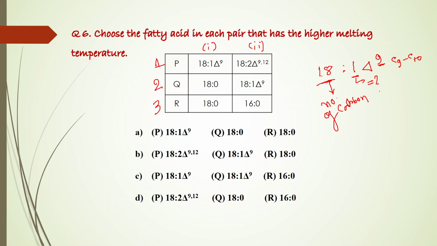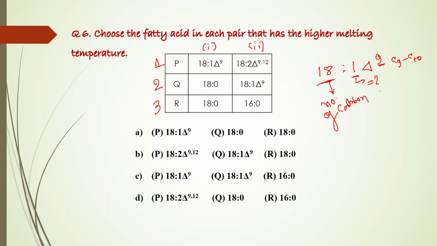So the very first number tells you the total number of carbon atoms, the next number tells you how many double bonds are present, and this third number tells you the position of the double bond. So we deduced that in the first set, this fatty acid contains 18 carbon atoms and 1 double bond, placed between C9 and C10.